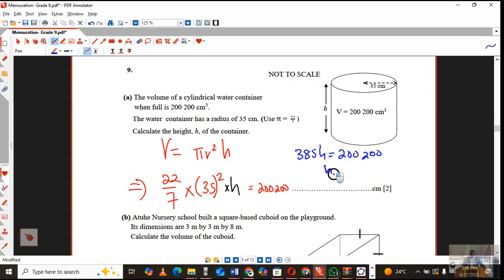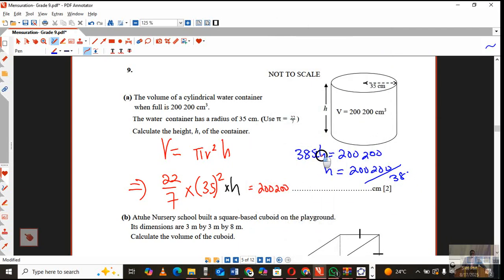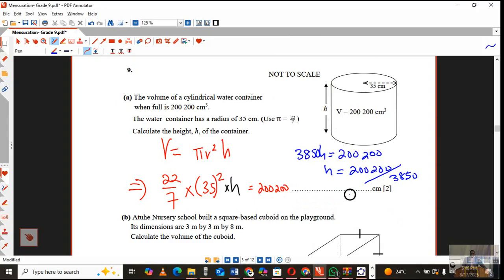So our H will be 200,200 divided by 3,850. Okay, let's get up the calculator. We're going to say 200,200, and divide it by our answer. Because it's 52, the height is 52 centimeters. That is going to be the height over there, 52 centimeters.